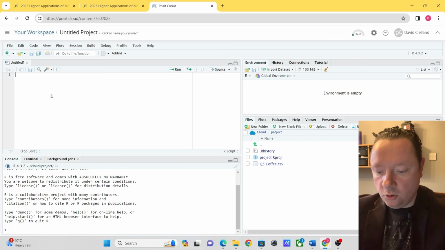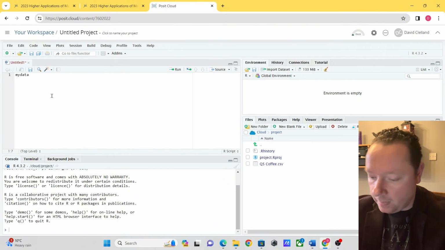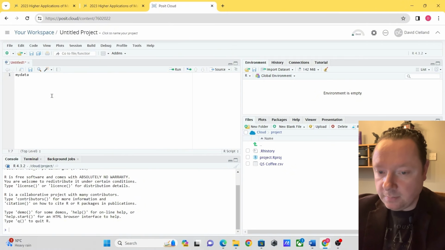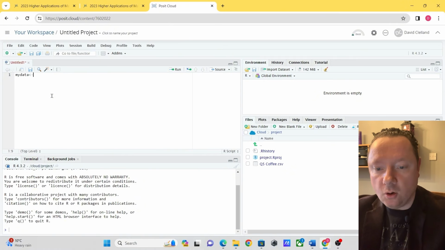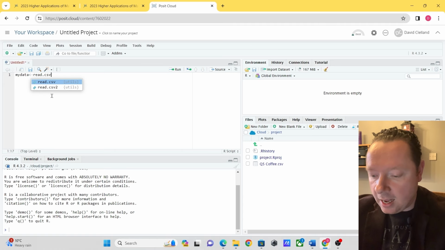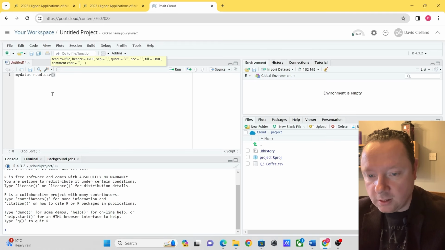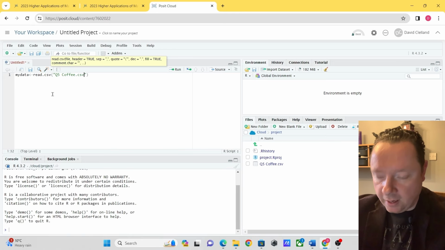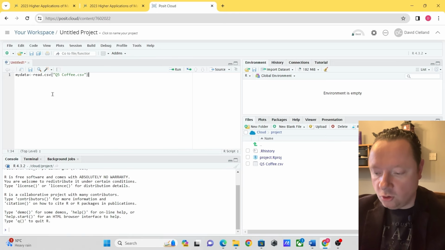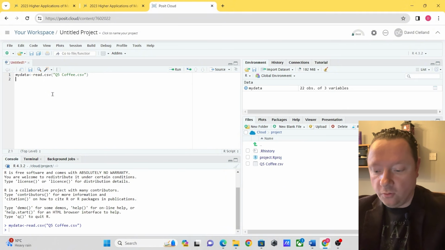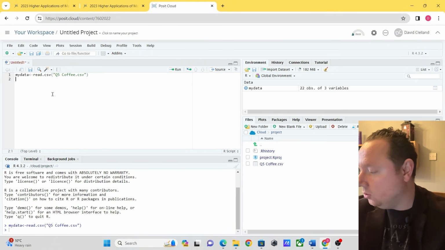And the first thing you're going to do is your mydata. So mydata up in the terminal, arrow, and it's read.csv, and then open brackets, inverted commas, Q5 coffee.csv, inverted commas and brackets, and then control enter to do that command. Now we need to do attach.